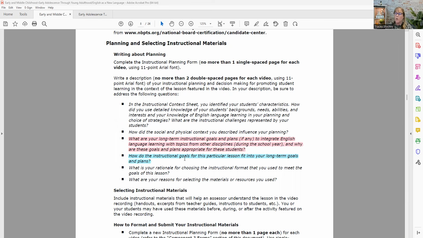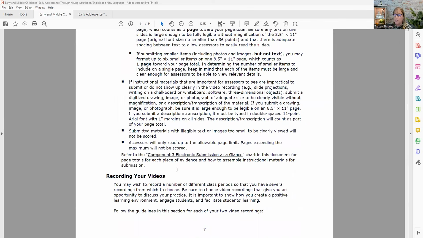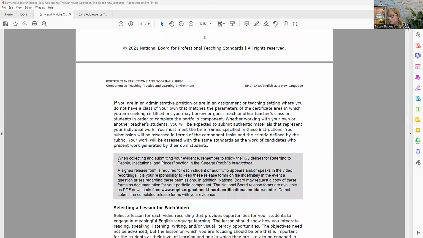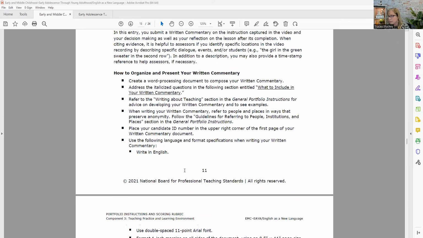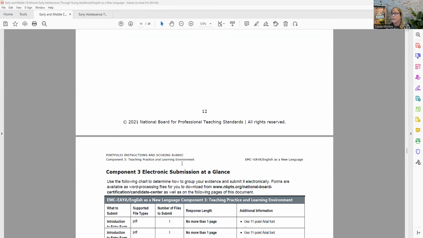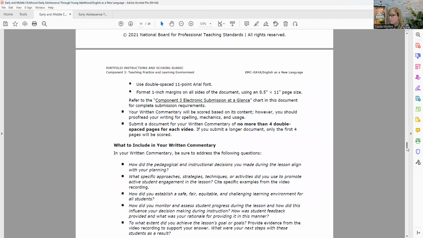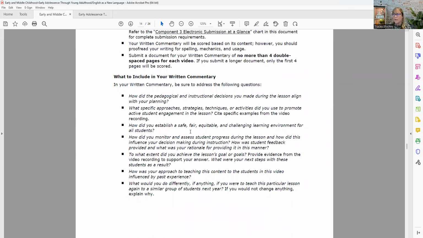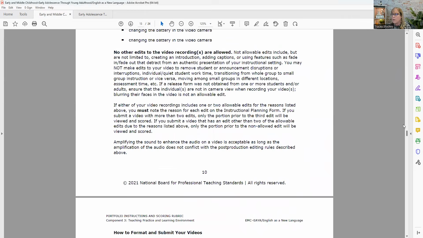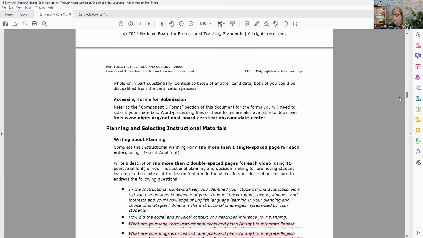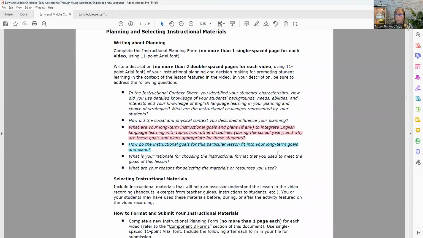Okay, so then when you come down to the next portion, which is down a few pages, this is ENL. Wait a minute, where are your questions? Right here. Your written commentary questions are on page 12, but what we are talking about right now is on page 6. So again, this is done before you videotape.